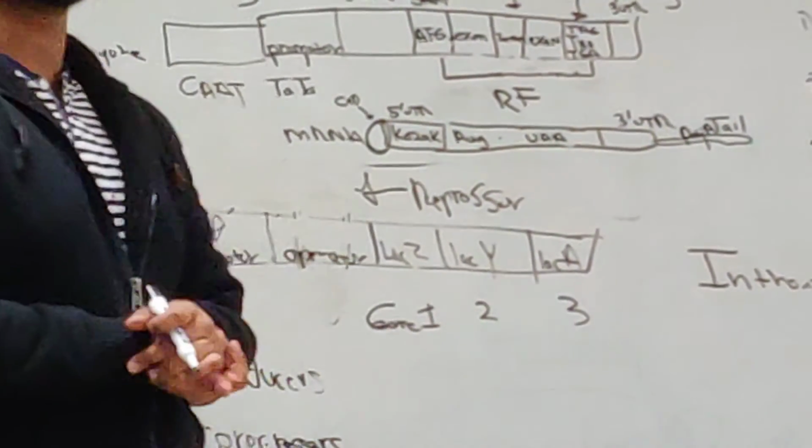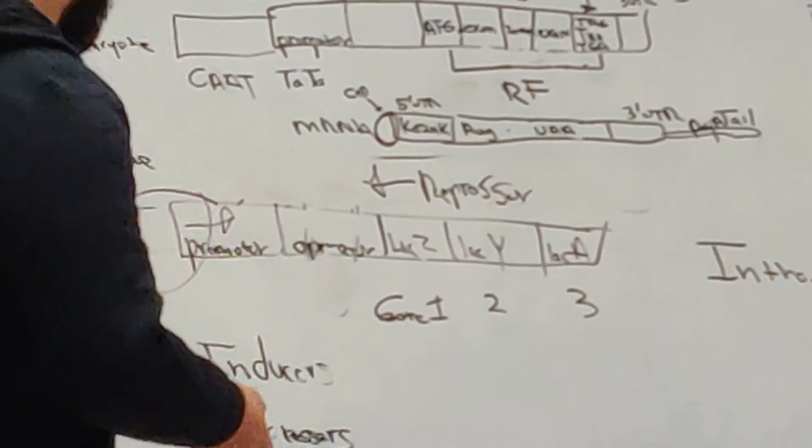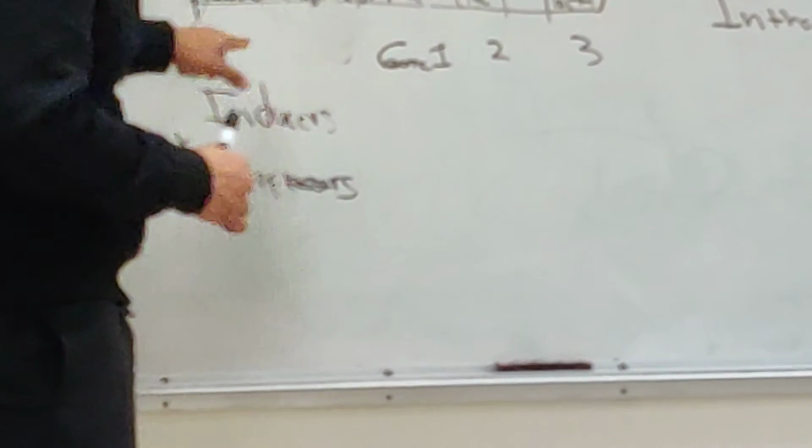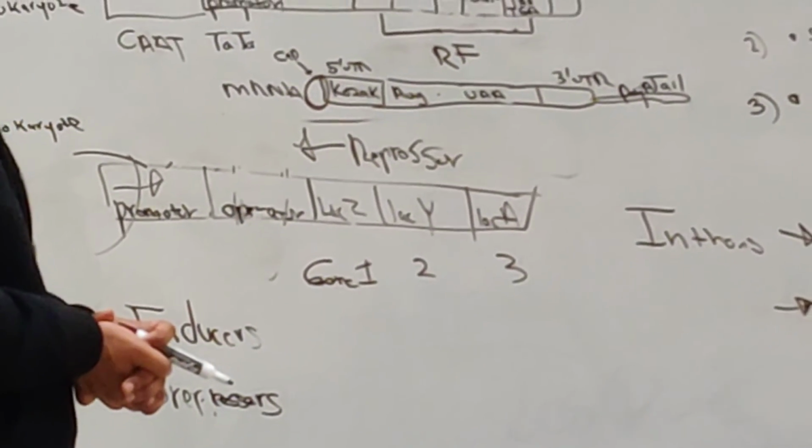And so there's also an inverse relationship. For the lac operon, there's another region before the promoter. Do you guys know what that is? It doesn't have to do with the trp operon.